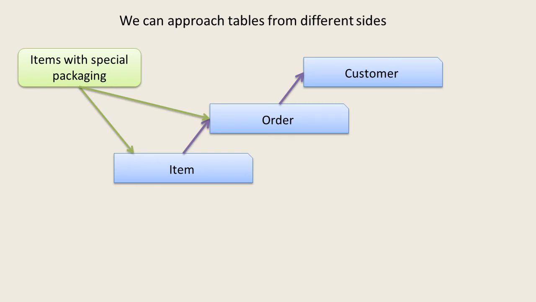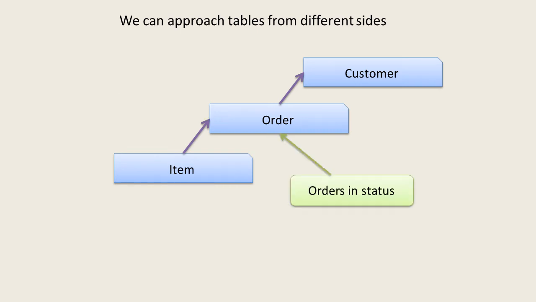You don't care about previous items. So in this case, you join with the order table. And again, you start from the item table because you mostly care about the item and you only need the order table in order to find out whether this order has been shipped or not yet. So yet another example of a query, and as you see, we're now approaching our tables from a very different direction.